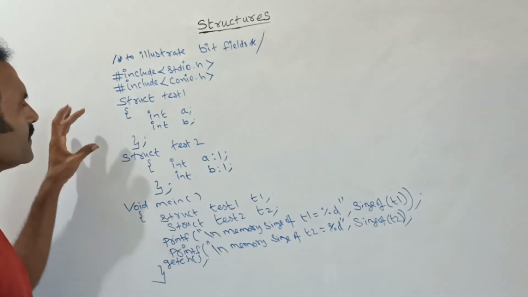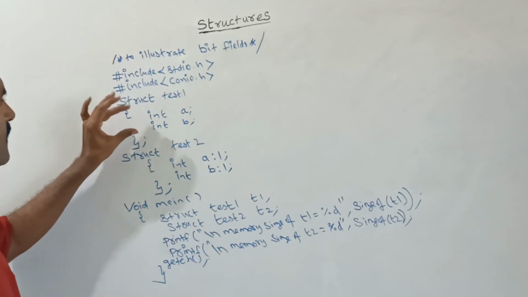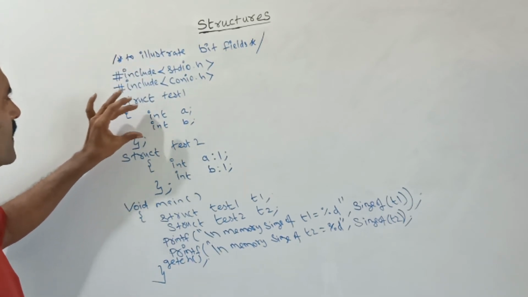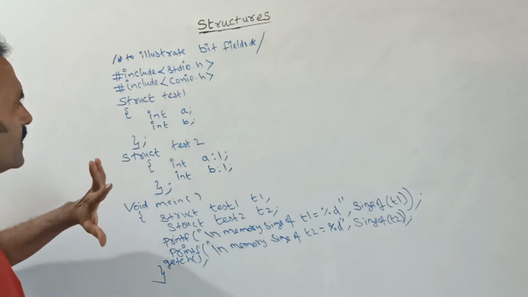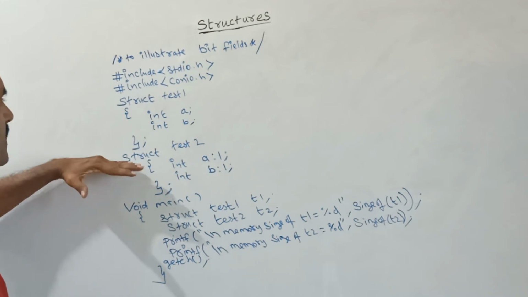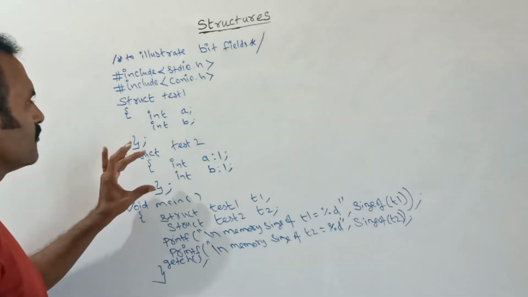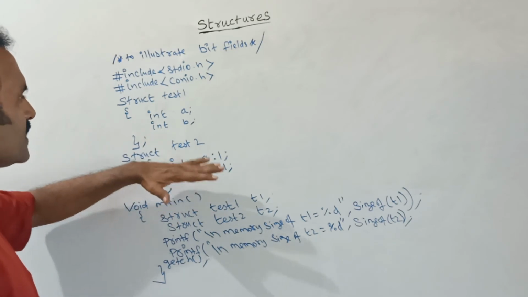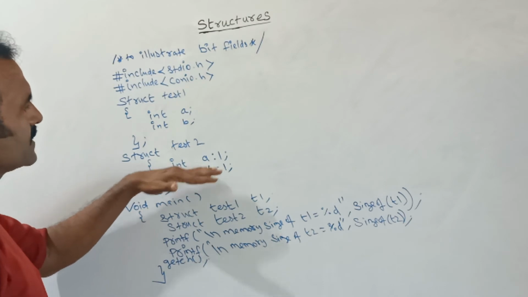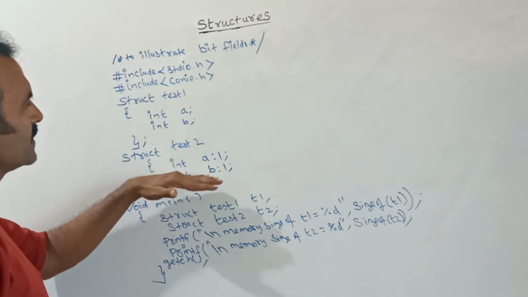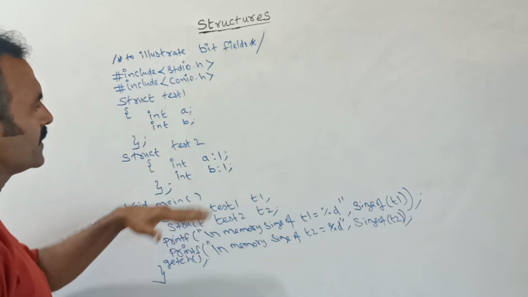Here I have created two structures. First structure name is test1. Here normally I have declared the structure members. Here A and B both are integer data type. Next structure name is test2. Here I have declared the bit fields. Here in the structure there are totally two members. The first member is A and the second member is B. Each and every structure member here I have given 1 bit of memory.